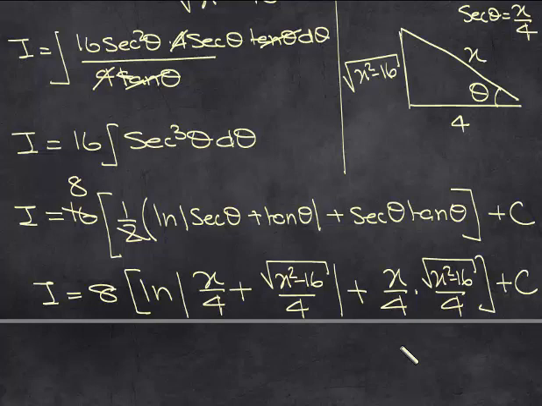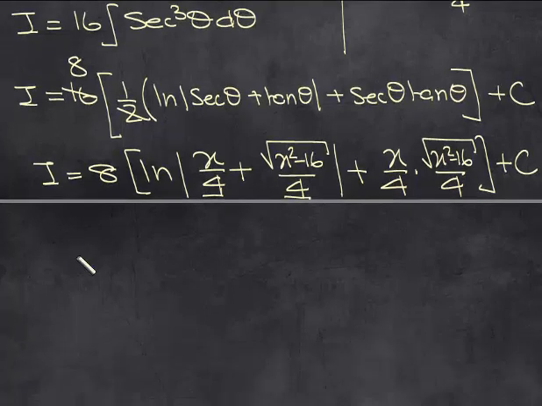Yes? Because you had to square that, so you had 4 squared. Be okay with that? And that's what I meant by combining these guys, the log terms, so you can clean up the answer a little bit.